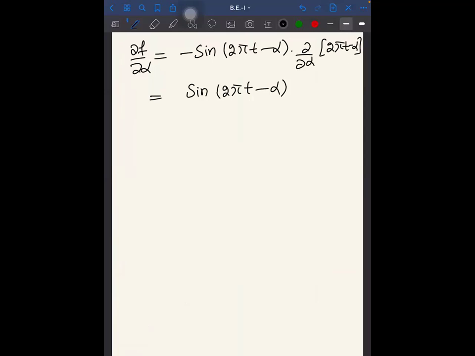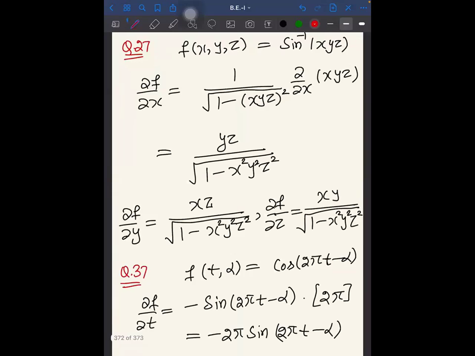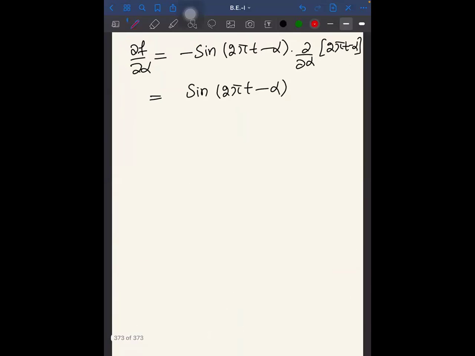So now let's say, this was 37. So let's say question number 43. We have g(x,y) as x squared y plus cos y plus y sin x.